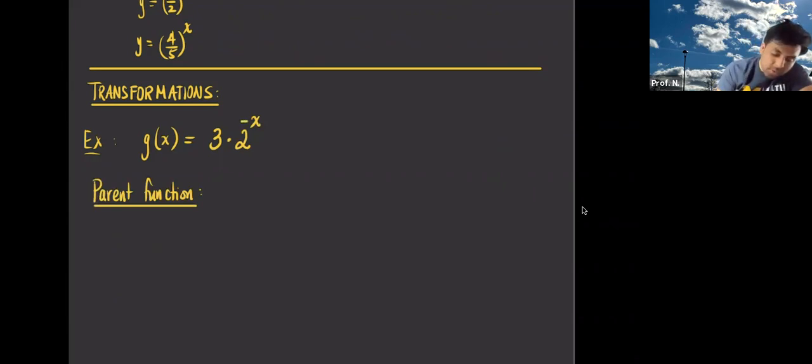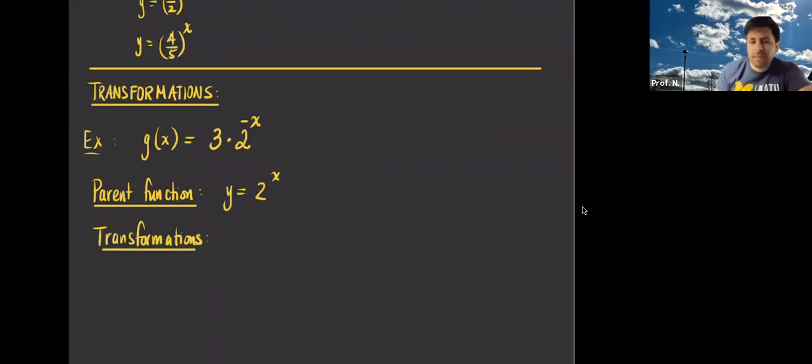Yes, my parent function is 2 to the x. Now, what are the transformations? What kind of transformations have I applied to the parent function? So there's two things here, right? There's that negative sign, and there's this 3 here. So these all indicate some kind of transformations.